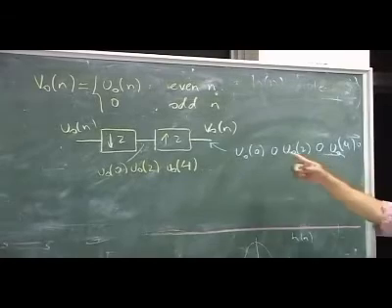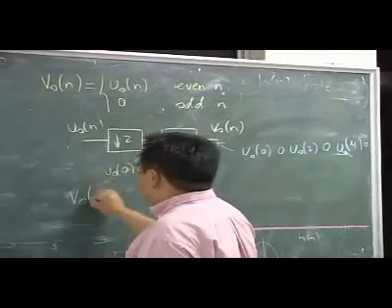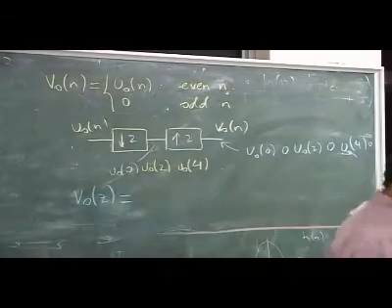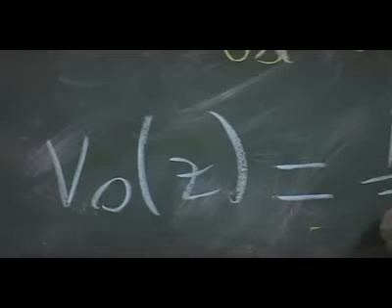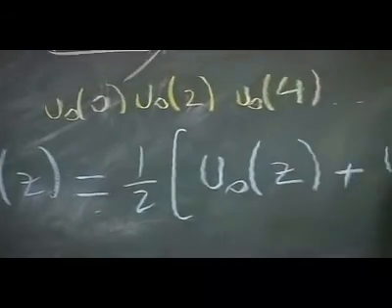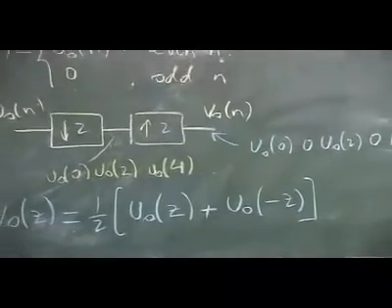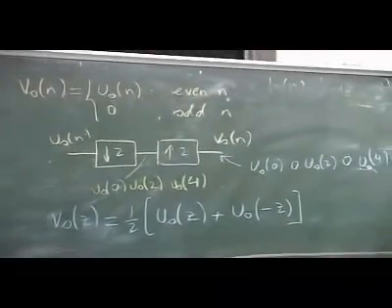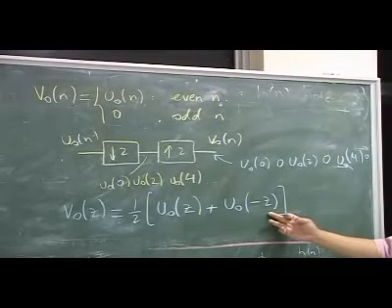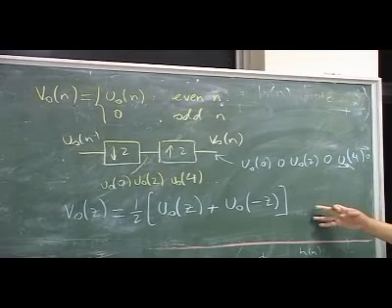So how does V0 of Z relate to U0 of Z? We've done this before. It's half of U0 of Z plus U0 of minus Z. Right? E to the j omega plus pi is minus Z. Is that clear? That's how we relate it.